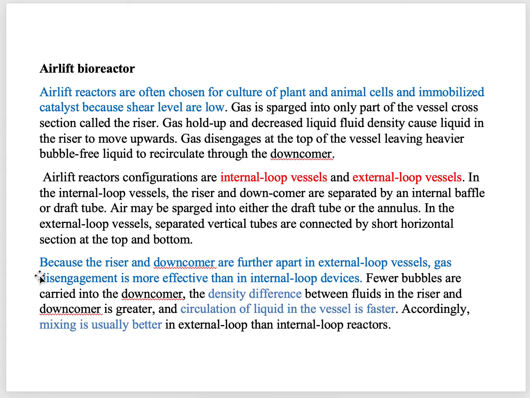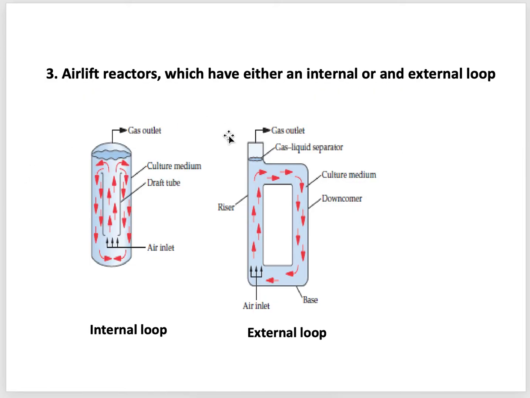And I already told you that the airlift bioreactor design can be of two types: internal loop vessels and external loop vessels. I also told earlier that external loop bioreactors have some advantages over the internal loop bioreactors.